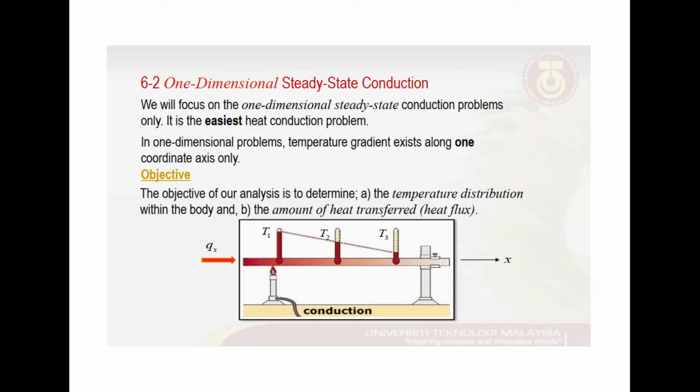But we limit our discussions here to 1D steady-state conduction. In a one-dimensional problem, the temperature gradients exist in one coordinate axis only. So for example, if we take the x-axis, the heat will transfer in this x direction only.